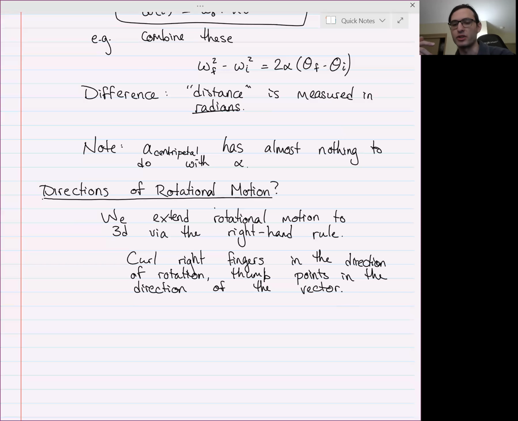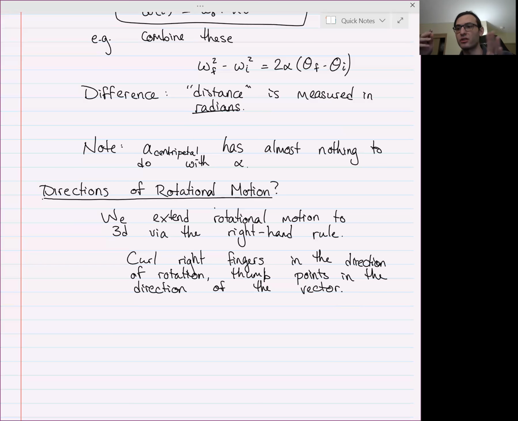Just to answer Cesar's question, they're just different things. Centripetal acceleration is a linear acceleration, meters per second squared, and alpha is rotational acceleration. They're just unrelated concepts. I just don't want you to get them confused. That's the only reason I wrote that down.